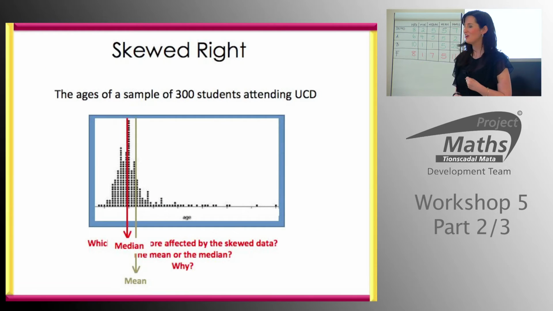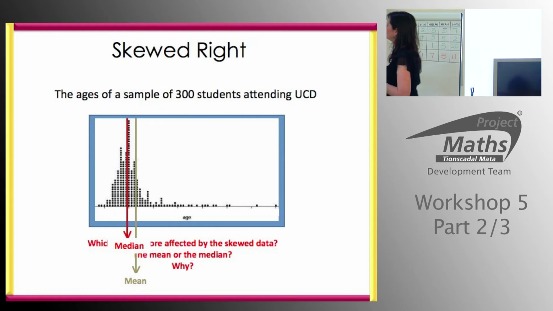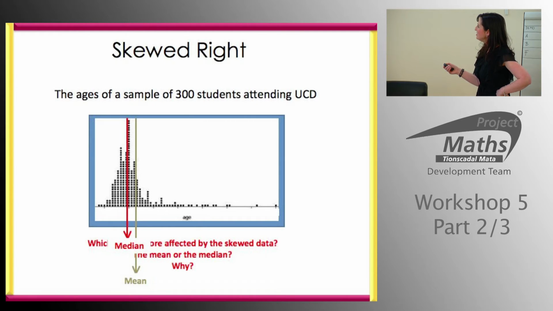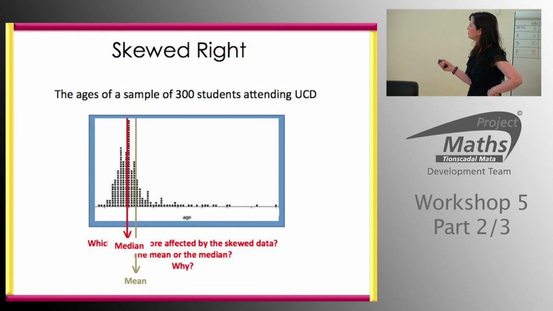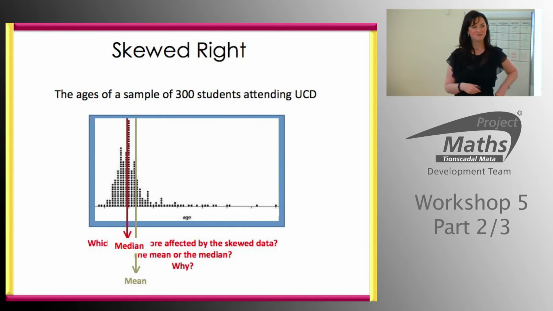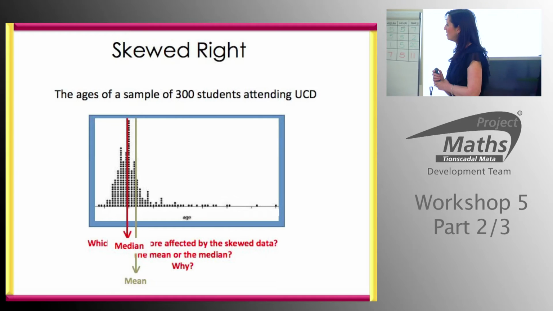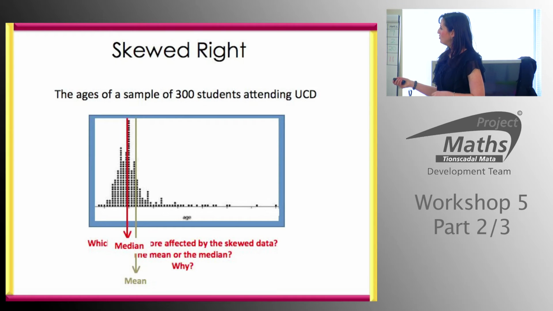Now, here's another sample, another dot plot. This is the ages of a sample of 300 students attending UCD. Who are these people? Yeah, mature students. Perfect.